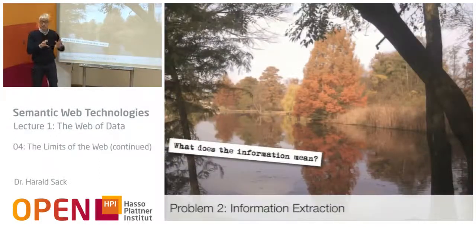Or just consider the information represented on the web is simply a picture. So what does the picture mean? In general, you would have to apply visual analysis to consider what is depicted inside the picture. Talking about Google, Google solves this problem because all the pictures on the web are usually embedded within web pages.